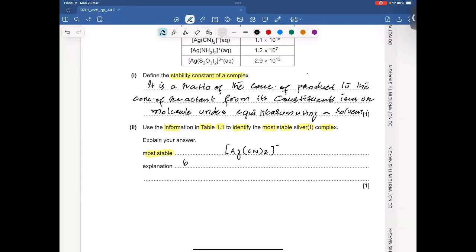Explanation: because its stability constant value is highest.